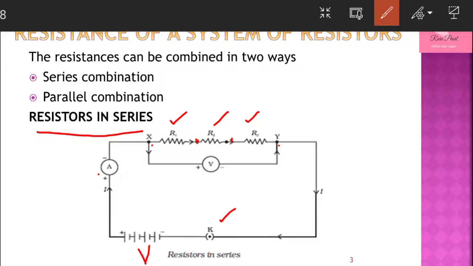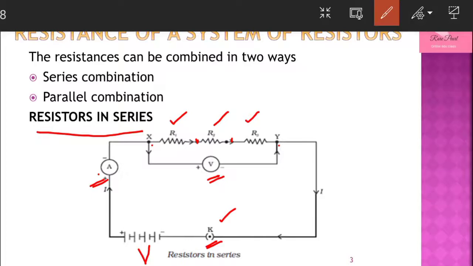You can see a dot here, so it is in closed condition. And here we have a meter to measure the current, and a voltmeter is connected across the combination of three resistors.